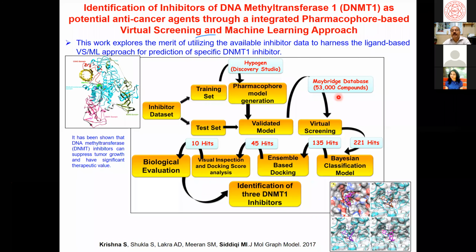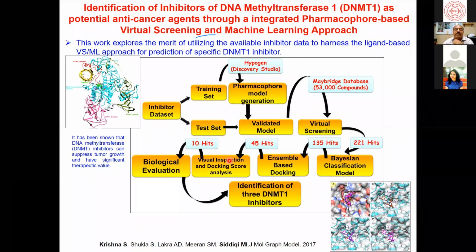Once she got a set of molecules which were found to map to the pharmacophore model, she applied machine learning classification in the form of Bayesian classification models or ensemble-based docking, and these further helped in prioritizing and shortlisting the compounds that had a good probability of giving good starting leads.